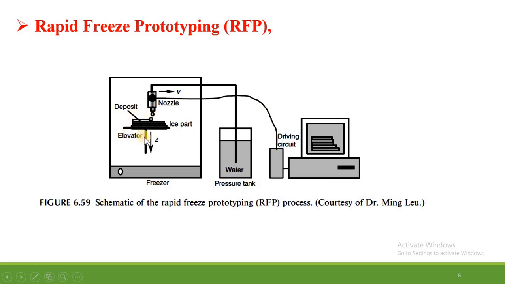The important part is that the water droplets freeze as soon as they come in contact with the other layer inside the freezer, and the freezer temperature is less than the freezing temperature of water.